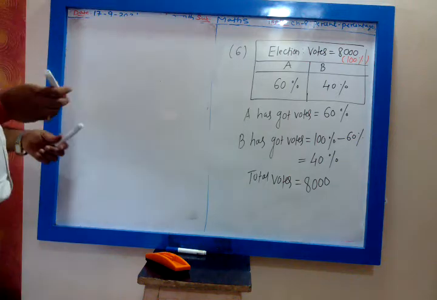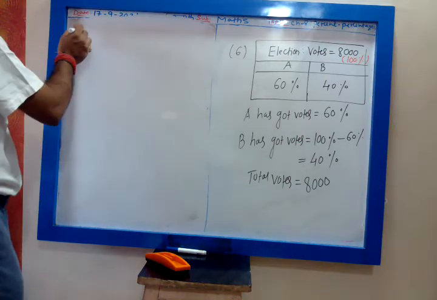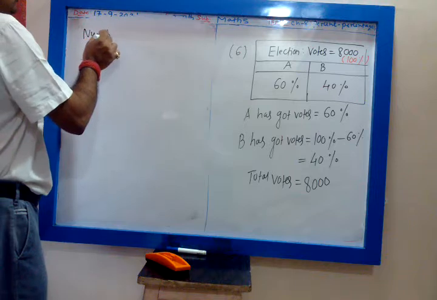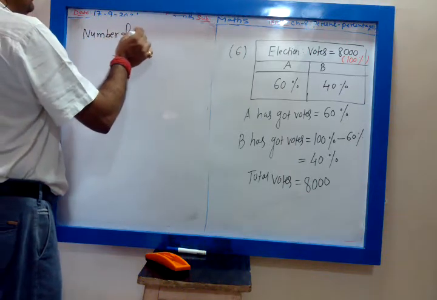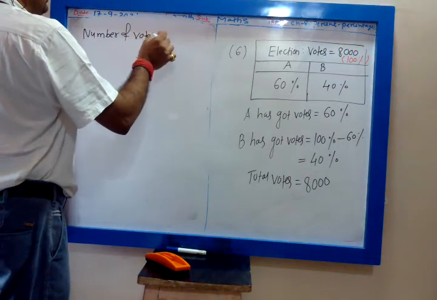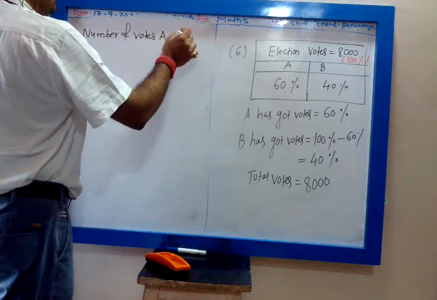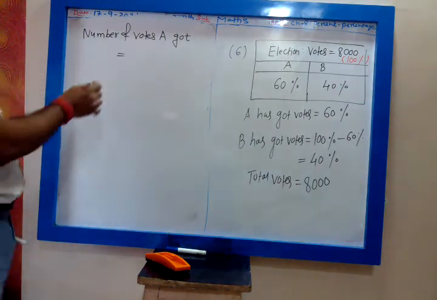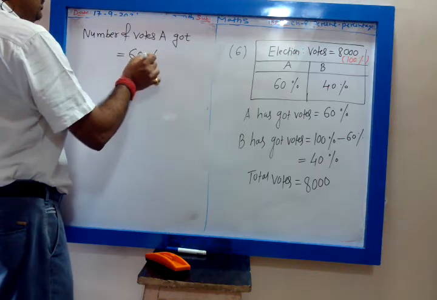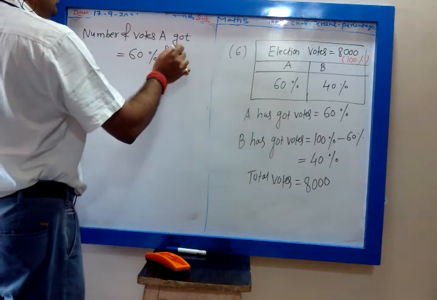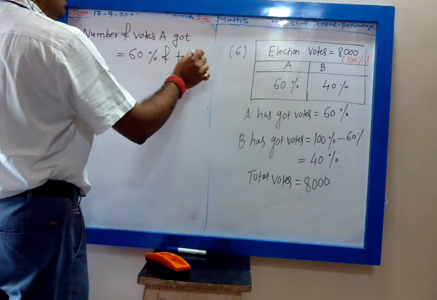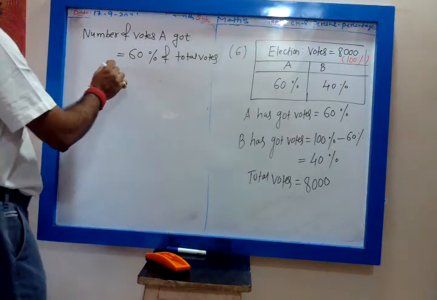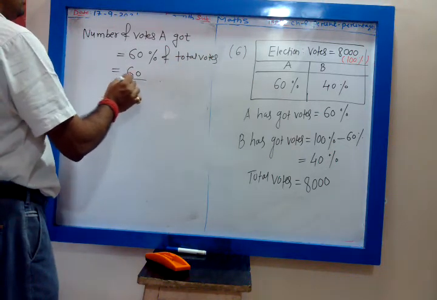Wait, no, my dear. Wait. We write number of votes A got is equal to, tell me, what is the percentage of A? 60% of total votes. So 60% means 60 upon 100.